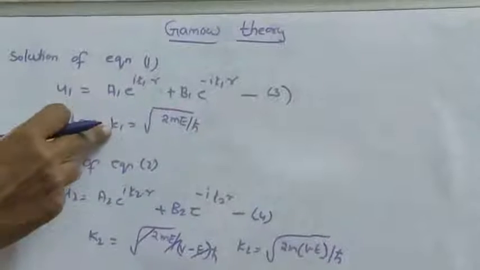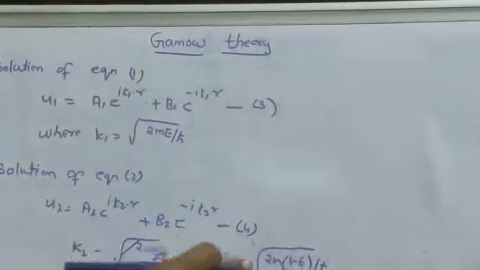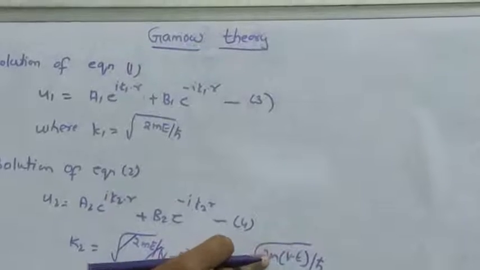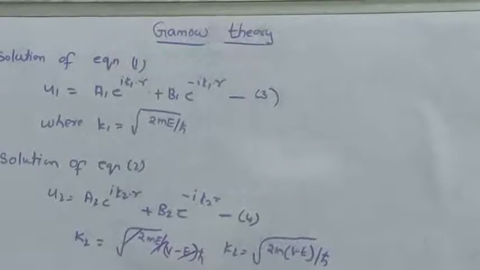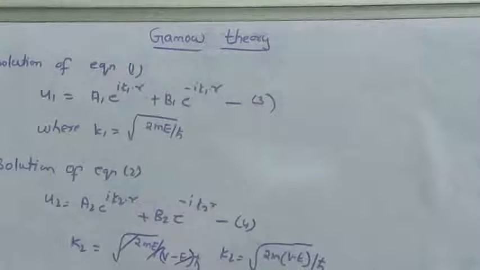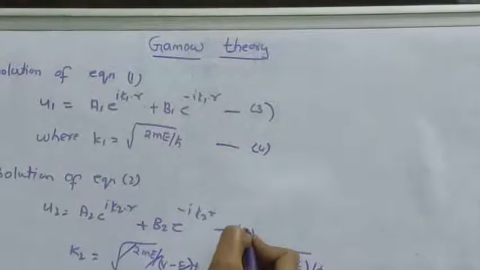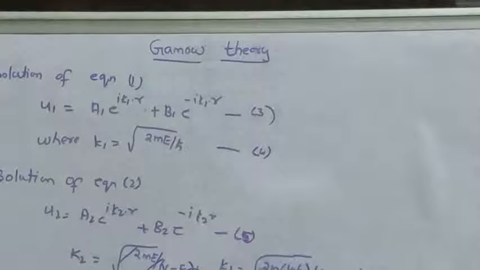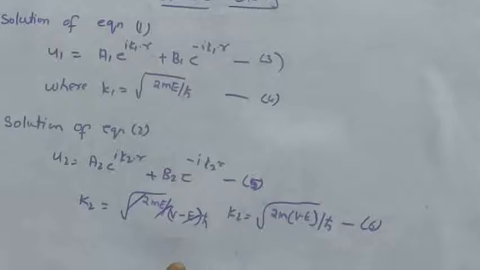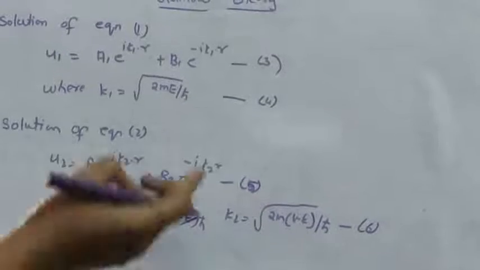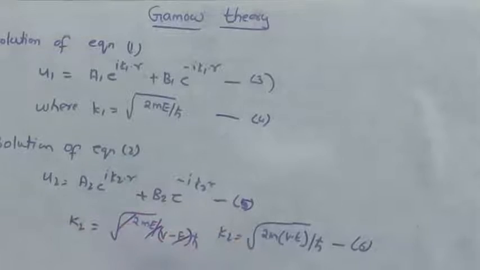So we have considered the k1 wave vector, which is given by √(2mE)/ħ, and the k2 value is √(2m(V − E))/ħ. Consider this as equation 4, this is 5, and this as equation number 6. So far we have considered the Schrodinger wave equation for regions 1 and 3 and region 2, their solutions and their wave vectors.